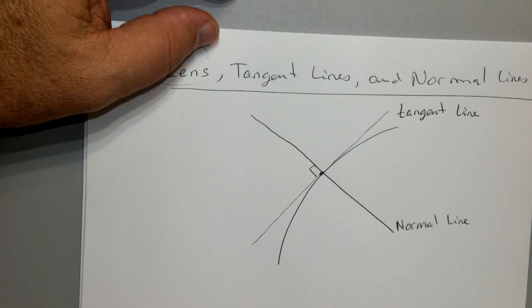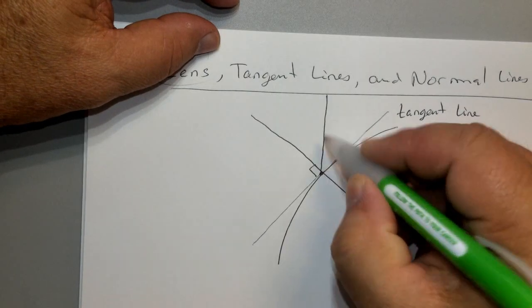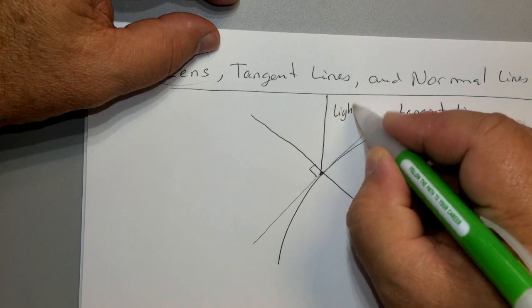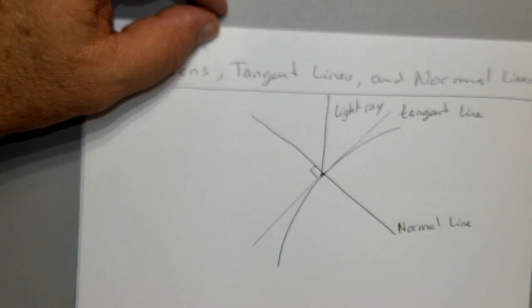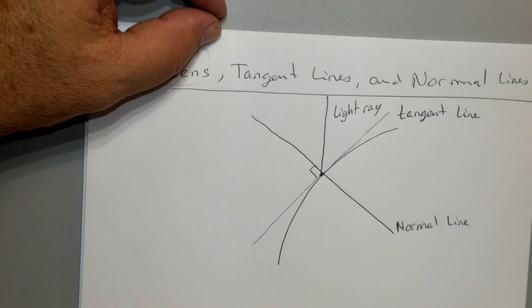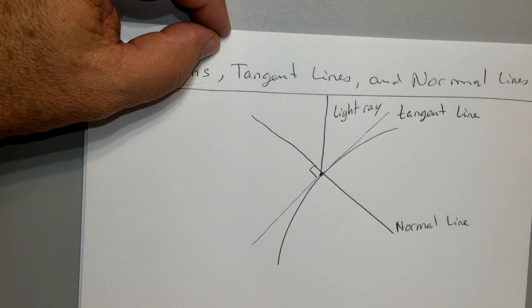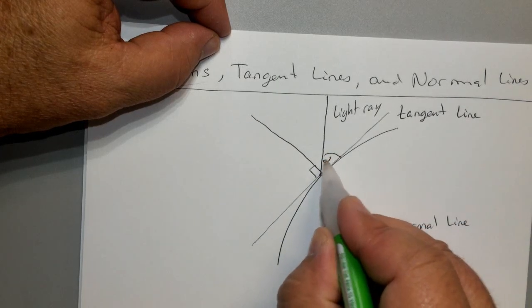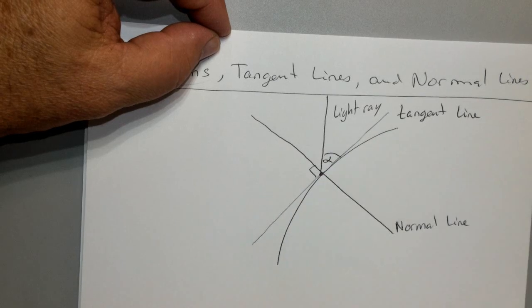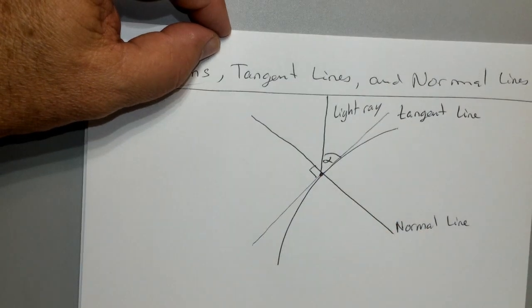Now, when light comes in, this is the light ray. Does it go straight through the lens or does it diffract? In other words, if we had an angle here, say angle alpha, is it going to be the same angle on the other side? Or will it bend?